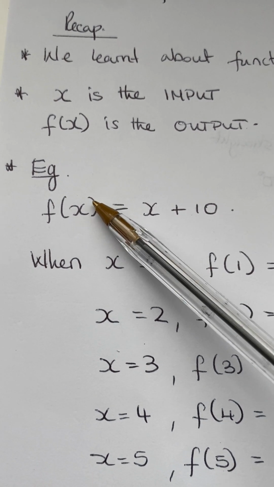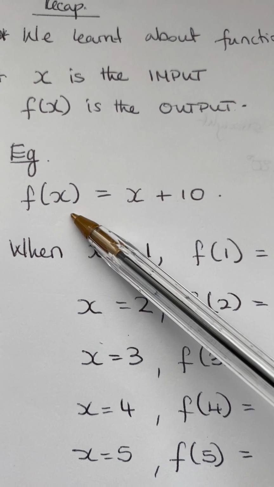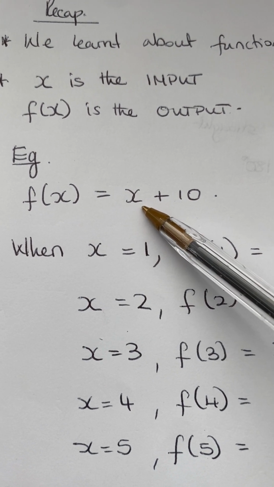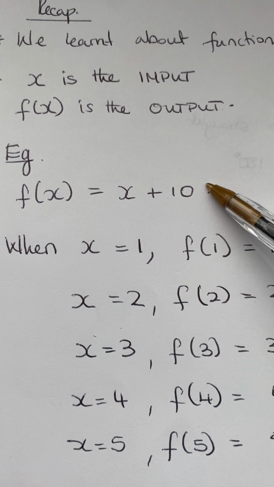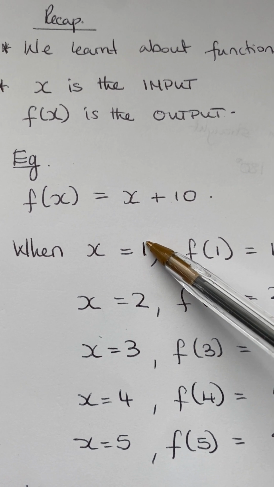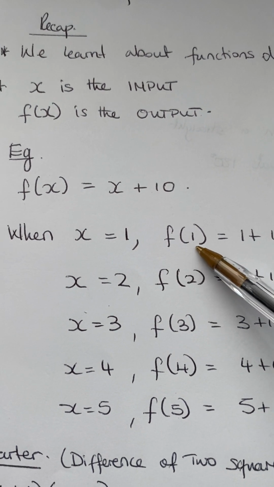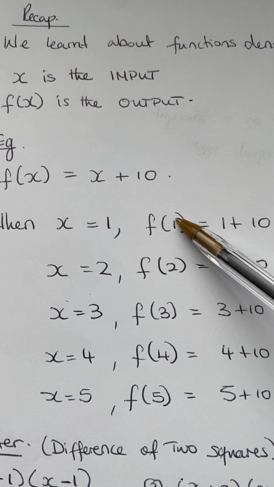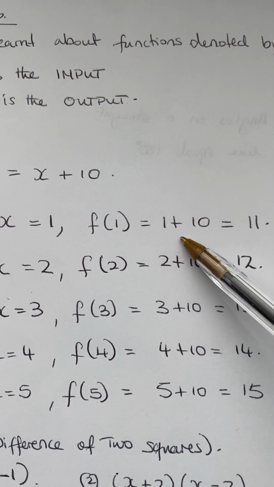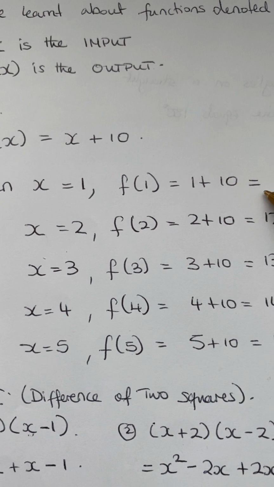So let's look at a simple example. f of x equals x plus 10. When you put in x equals 1, f of 1, which is your output, becomes 1 plus 10 equals 11.